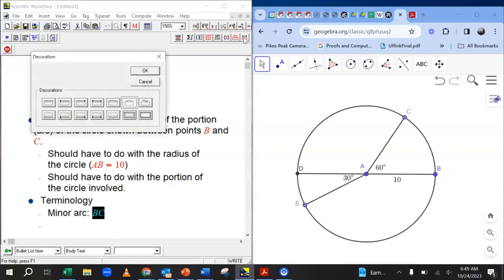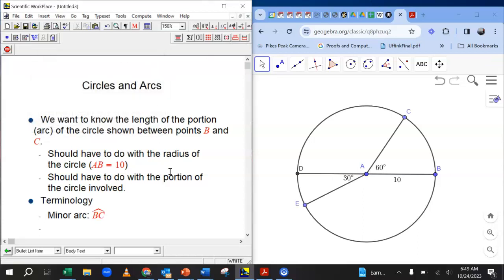I'm going to use a little hat symbol because this computer program doesn't do what you see in the book, which is a more curved, kind of a nice little circular arcy thing. It's not a sharp hat, but that's what this computer program will do. The minor arc BC is going to be less than a semicircle, less than halfway around. So if I just name 2 points on the circle and say arc BC, that's this minor arc.